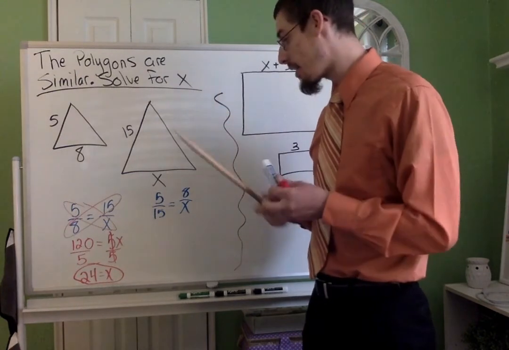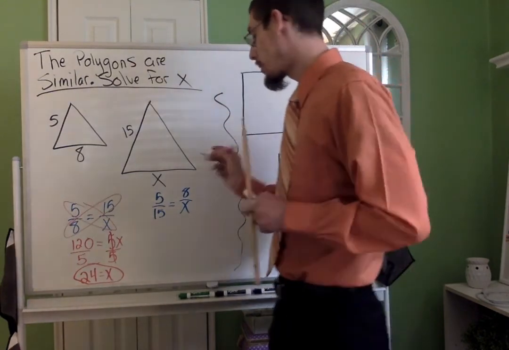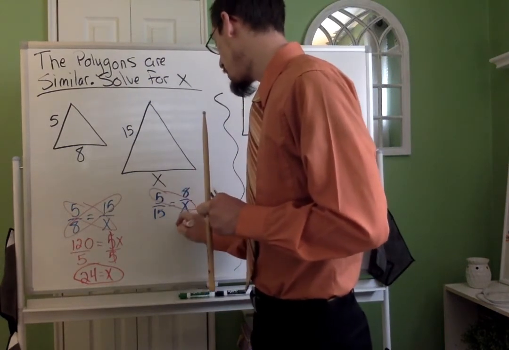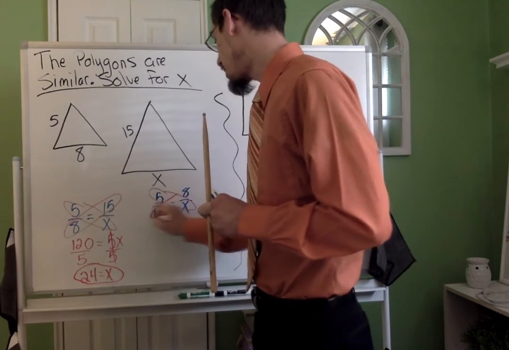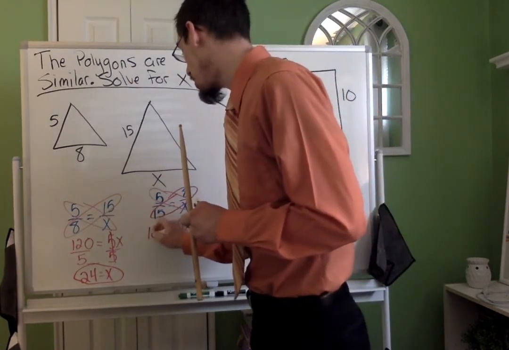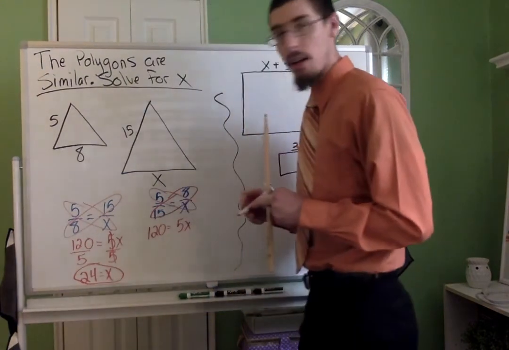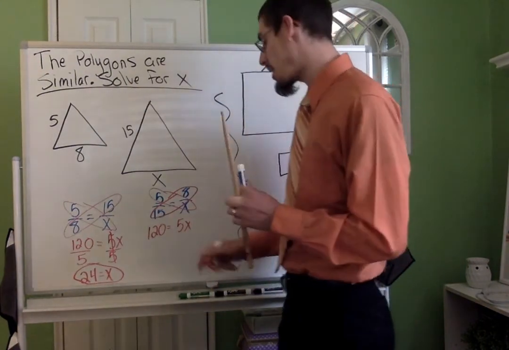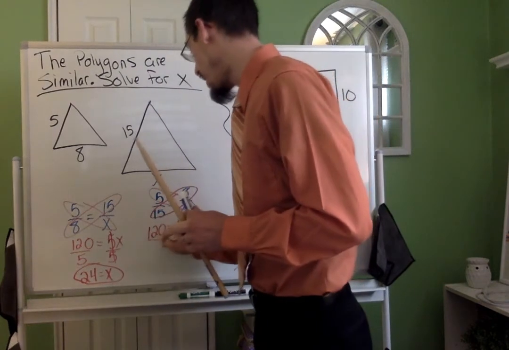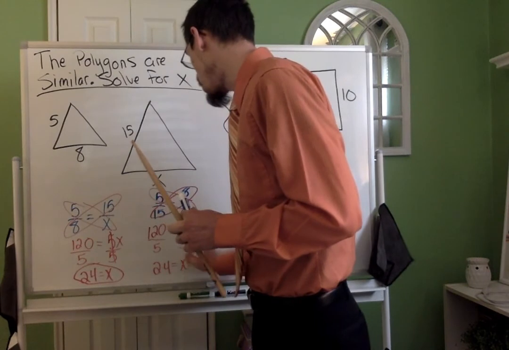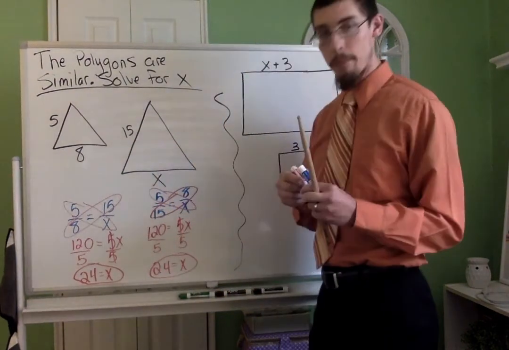Let's check that. So 5 times x is still going to be 5x, and 8 times 15 is still going to be 120. Do you notice I still get the same equation that I got here? So when I divide by 5, I still get that x equals 24.